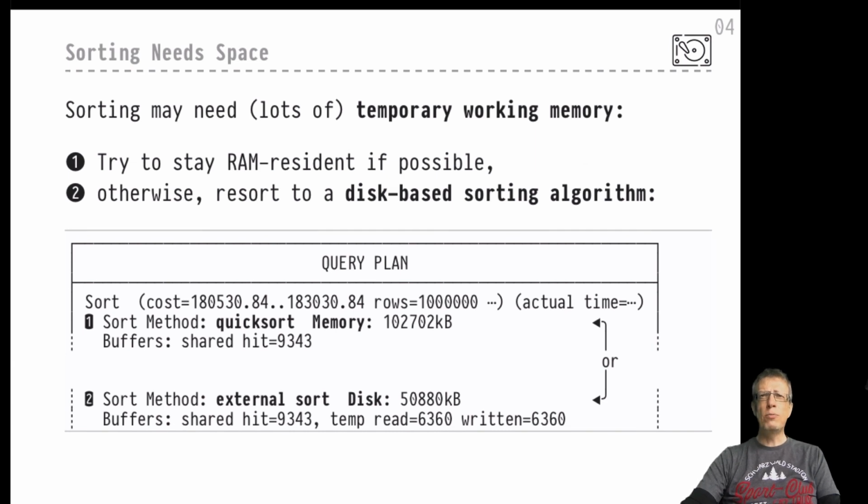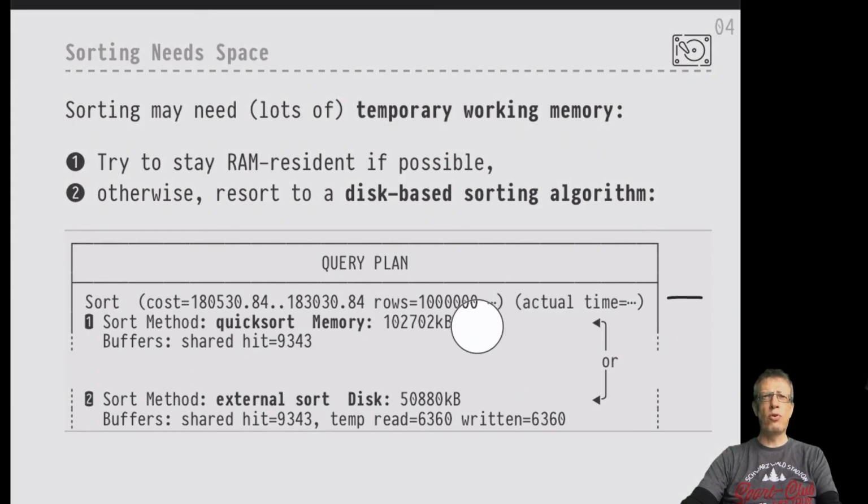So only if we have really huge temporary working memory requirements, or if the working memory is indeed scarce, then the system will choose to perform external sorting on the disk. And so if you look at query plans that feature sort operators, then of course you will see such a sort operator in the plans, but you will also see additional information about how these sorts have been performed.